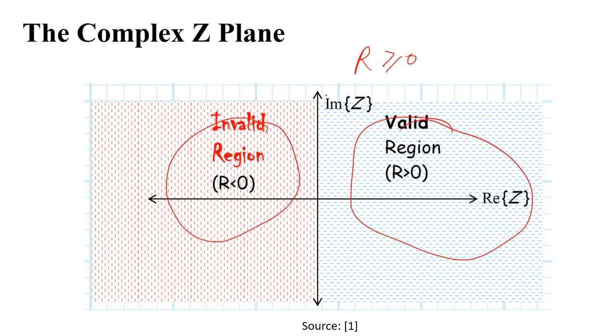You will definitely see negative resistance in future classes, but we are excluding that concept right now. We are just assuming that R is positive in the general case. In a special case, we will deal with negative resistance in the higher classes. So the resistive part of impedance is positive, and this is the valid region. You will always have the impedance in this part.